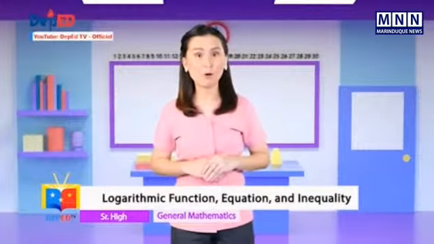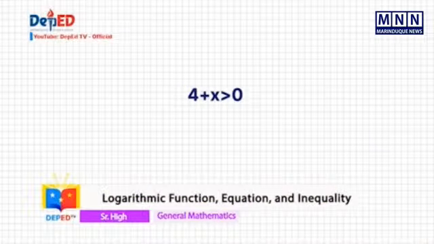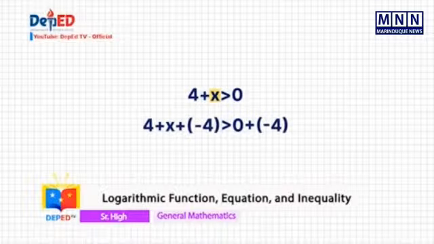Let us now have 4 plus x. Again, this has to be greater than 0. We isolate x on one side of the inequality. By addition property of inequality, we add negative 4 to both sides. That is, 4 plus x plus negative 4 is greater than 0 plus negative 4. Combining like terms, we will have x is greater than negative 4.